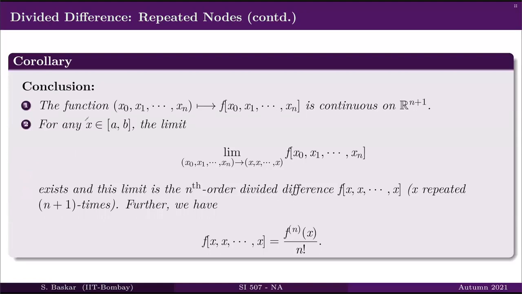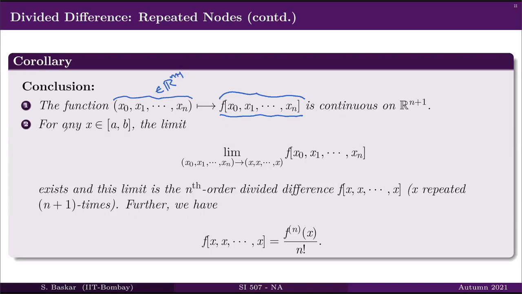Then you can see that the function x0, x1 up to xn going to the corresponding divided difference of order n is a continuous function on R^(n+1). Okay, so you are just considering this as a function of the n plus 1 tuple like this, which is an element in R^(n+1). And we can conclude that this is a continuous function.